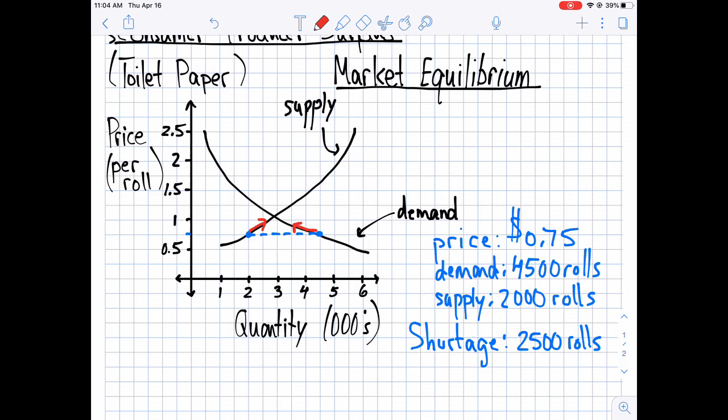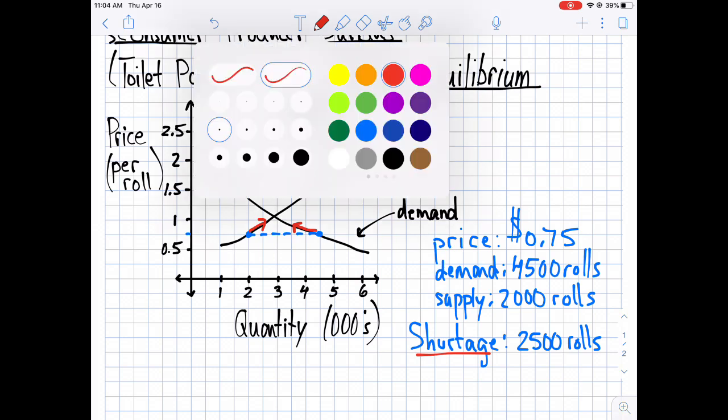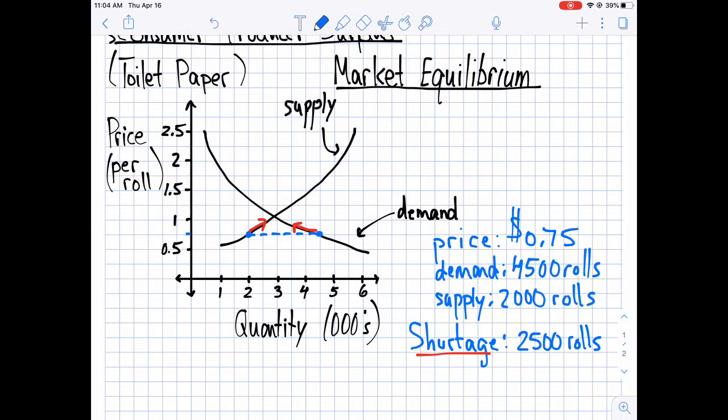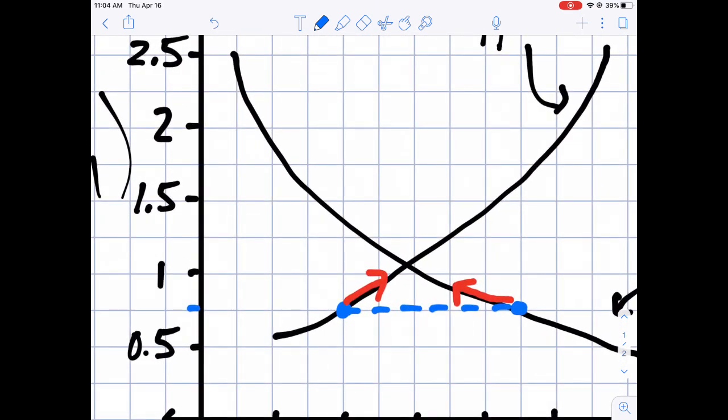Okay, so that's what happens in the scenario where you would have a shortage. Let's take a look at another price point. Okay, so let's go up here, maybe to around $1.50. So what happens if we're willing to do $1.50?